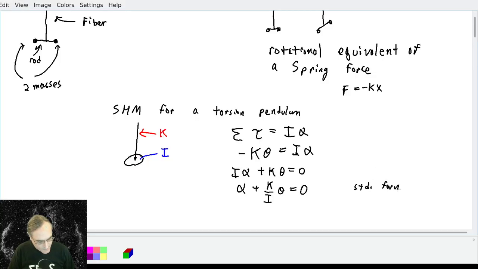That's our standard form. It looks like the second derivative of position with respect to time plus a constant times the position equals 0. So we know the solution is going to look something like a cosine of omega t plus the phase. Let me make it bigger.